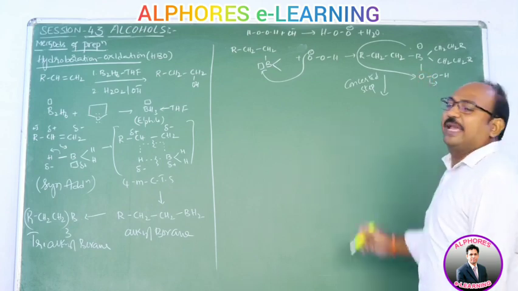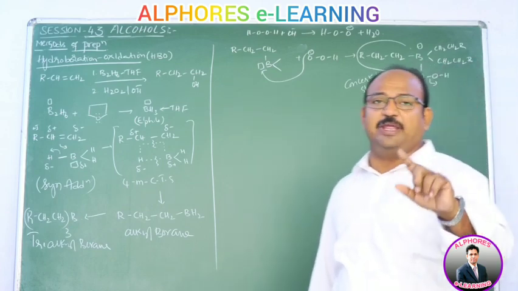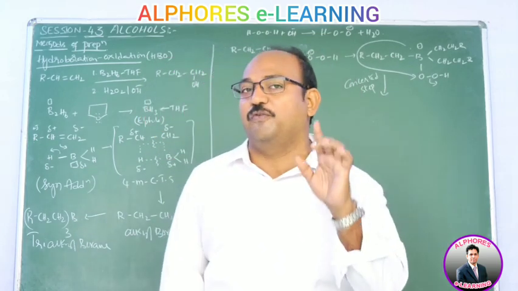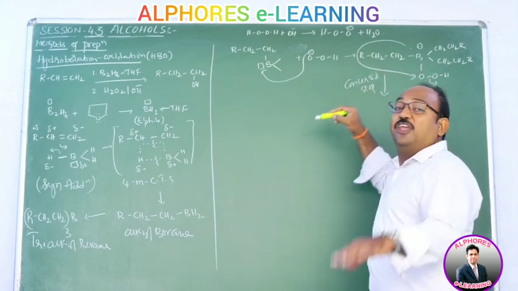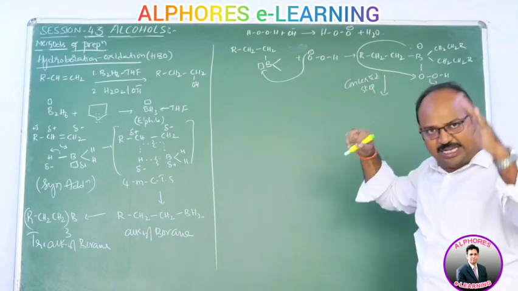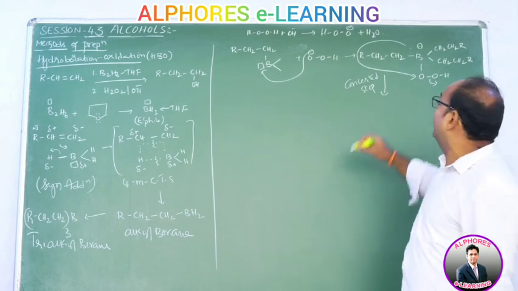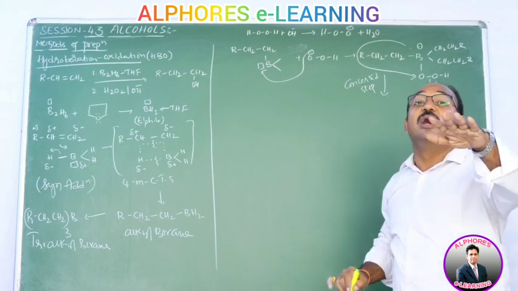During migration, the alkyl group retains its configuration. It means that if the boron-containing carbon is optically active, chiral, with D configuration, it remains as D. The configuration is retained.